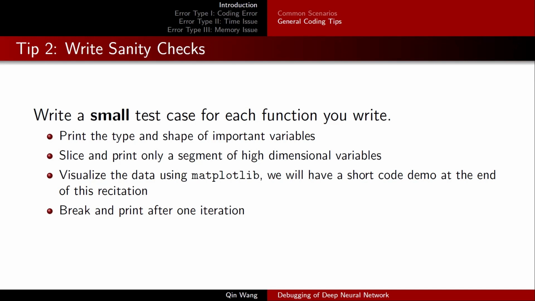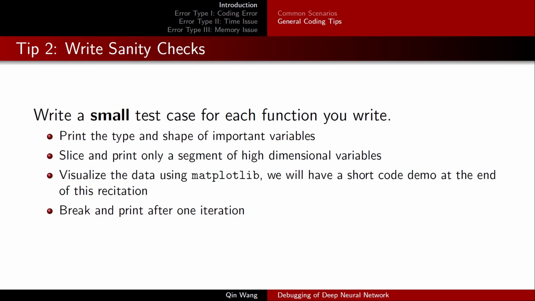And in order to inspect whether the data in the array makes sense, we only print a small segment of it to check. Furthermore, sometimes even a small segment of data doesn't make sense to us if we are just staring at the raw data. For example, if the data should be a matrix of size 100 by 100 representing a black and white image, we wouldn't know if it's the right image just by staring at the numbers.